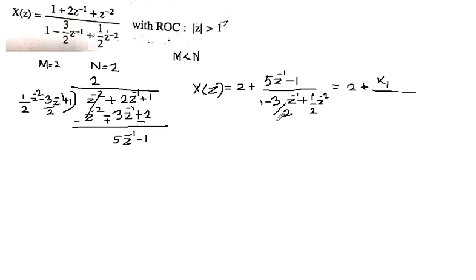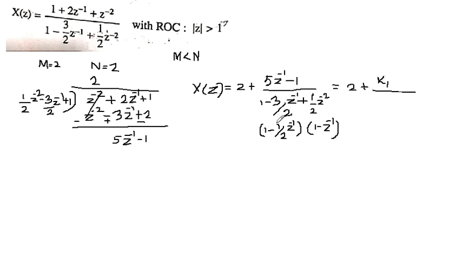so we have to factorize this one. The factorization of this will give 1 minus 1 by 2, as in the previous problem, and we have even seen how to obtain these. 1 minus 1 by 2 z raised to minus 1, and another one is 1 minus z raised to minus 1.